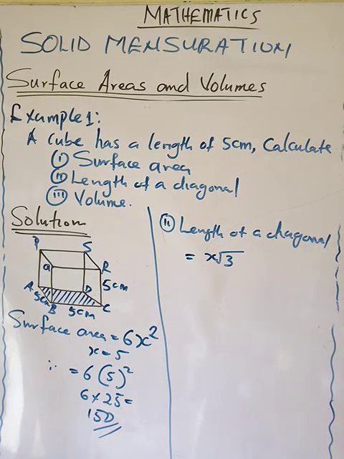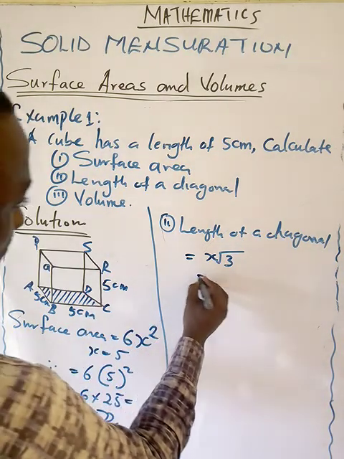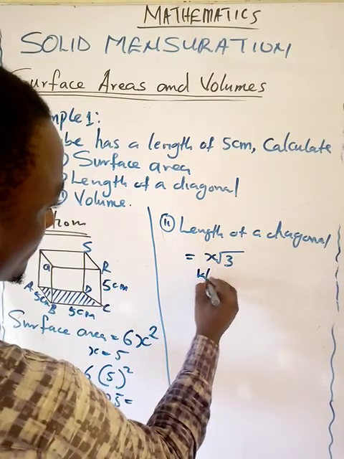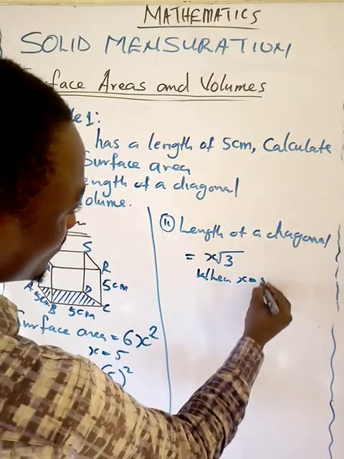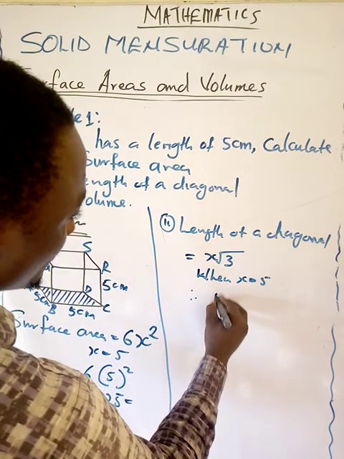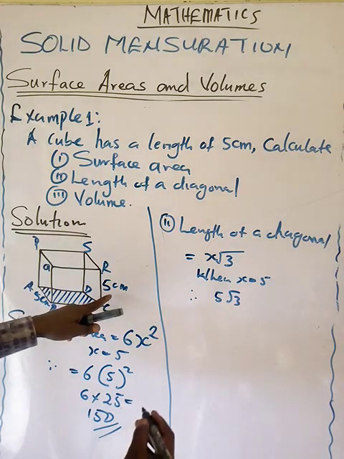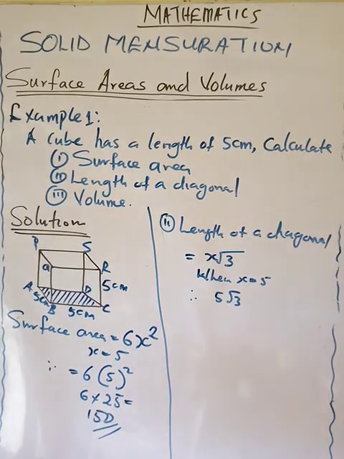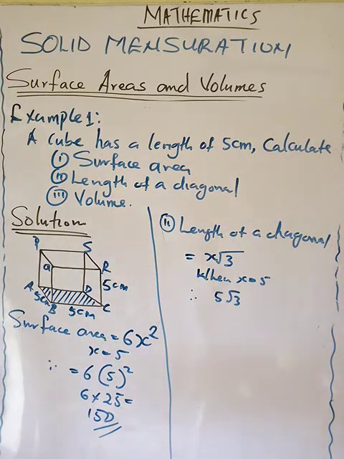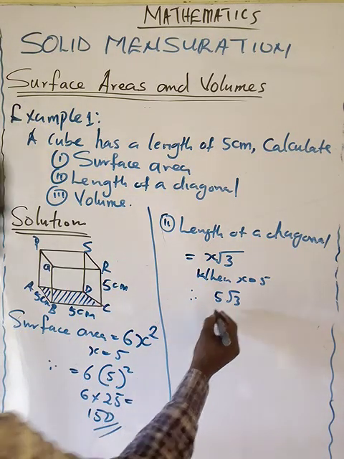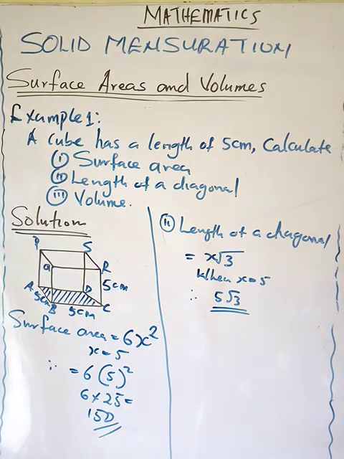When x is 5, our final answer is 5 root 3. We didn't prove that formula, which would be 5 raised to power 2 plus 5 raised to power 2 plus 5 raised to power 2. So just go direct to the answer.